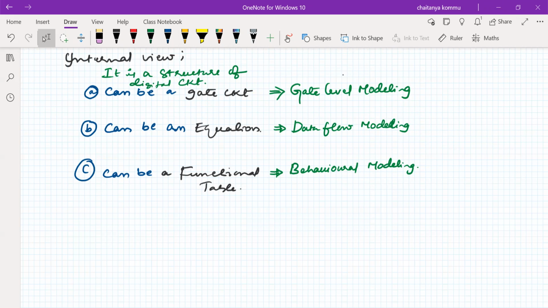If it is a very small circuit, it is better to write it in gate level modeling. So depending upon the complexity of the circuit, we can choose one of the modeling styles. If you write in one style, it doesn't mean the other styles are not applicable. It is possible, but the difficulty is more.